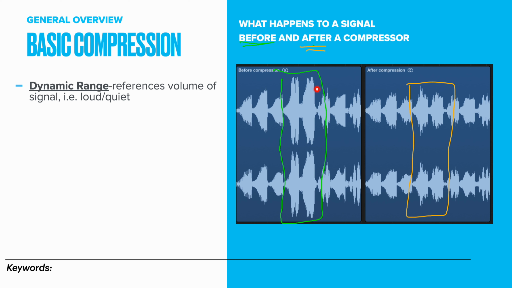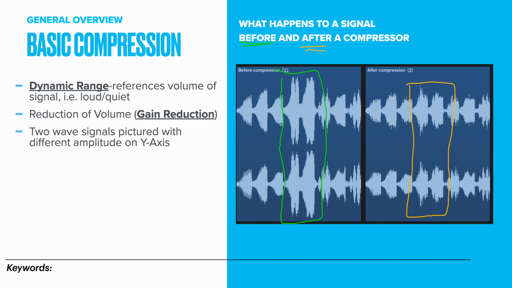So basically what a compressor does is it reduces this volume, going from this up into that. This is all about gain reduction, and it's just going to reduce the output so that it's a little bit more in tune with the input.